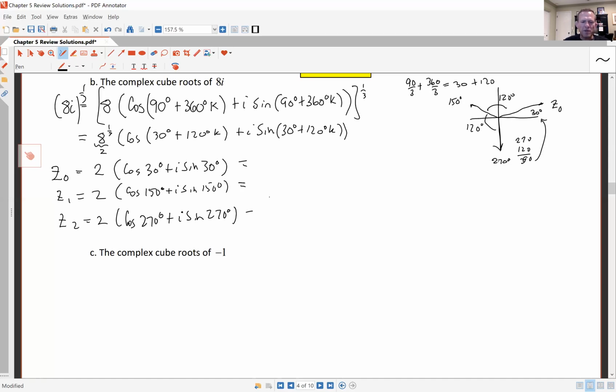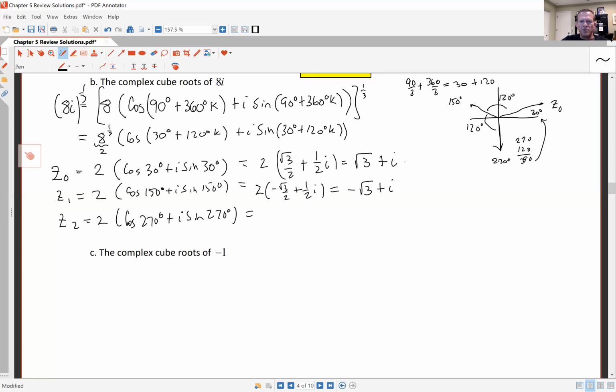All right, so now putting these in rectangular form, cosine of 30 is root 3 over 2, and sine of 30 is 1/2. That's root 3 plus i. Cosine 150, well, you see that's just a reflection over the y-axis, so that one's going to be negative root 3 over 2 plus 1/2 i, so it's going to be negative root 3 plus i.